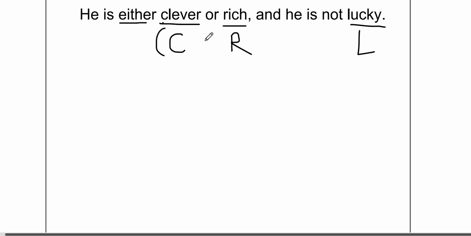Or means disjunction, so we put this symbol and close the bracket. And he is not lucky. First you write he is lucky, and for not we use the tilde sign, or we can use a negation sign. Both are valid.